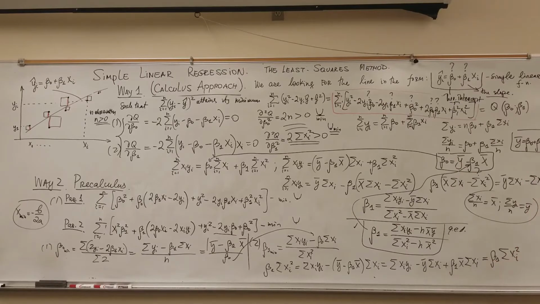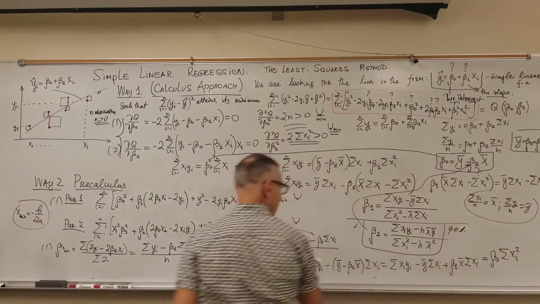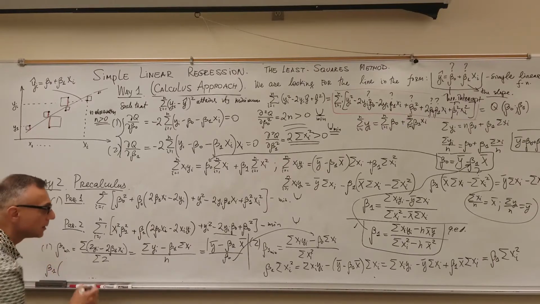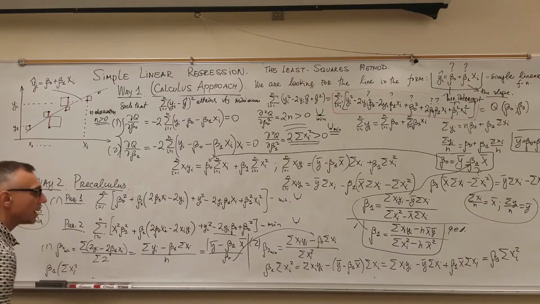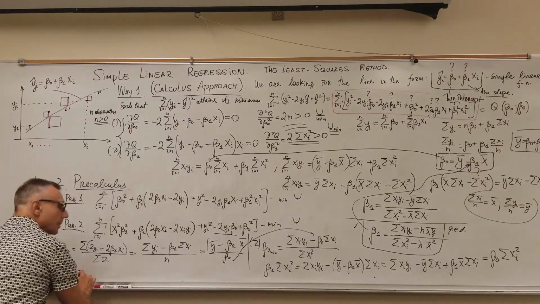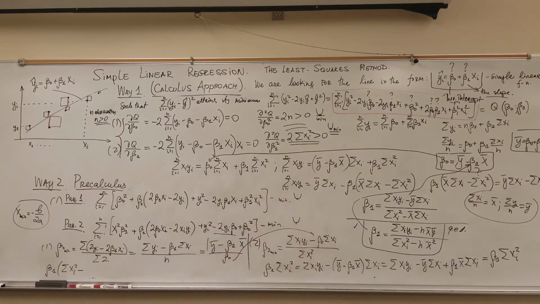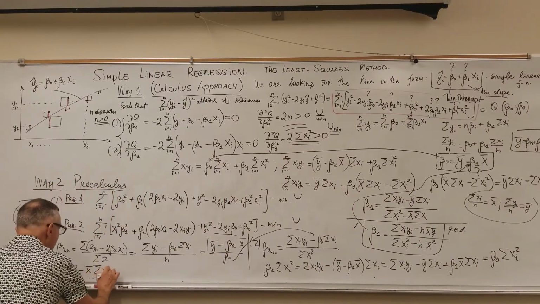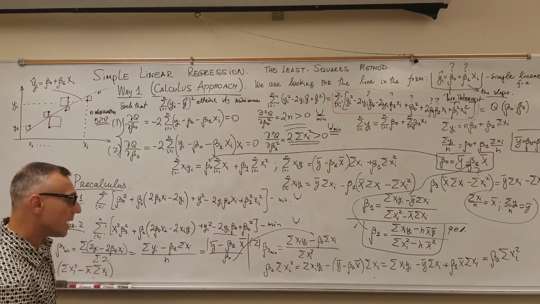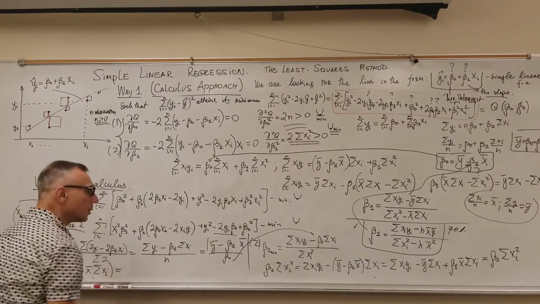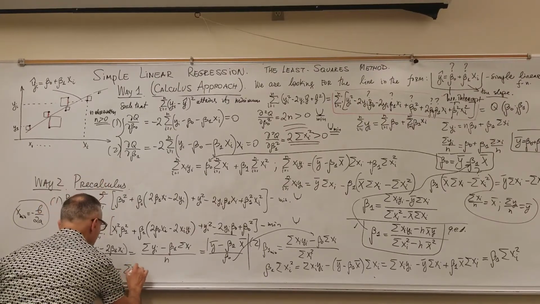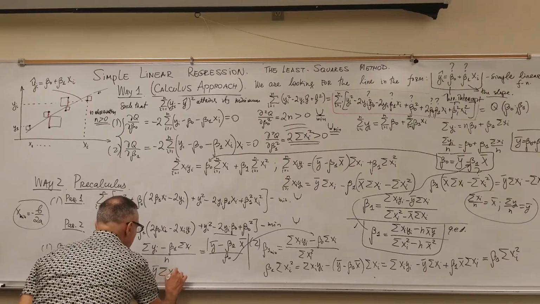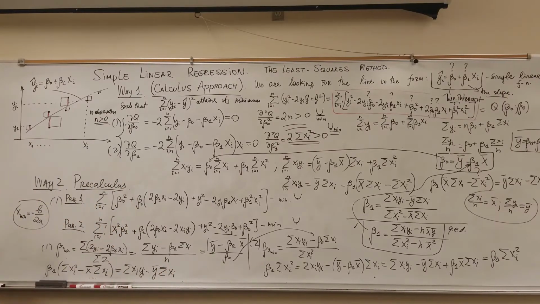So I will collect those terms: beta 1 is out, and here I have summation of xi squared minus, moving this beta 1 here with a minus sign, x bar summation of xi's, and it's equal to the summation of xi yi minus y bar summation of xi. And we are done practically.